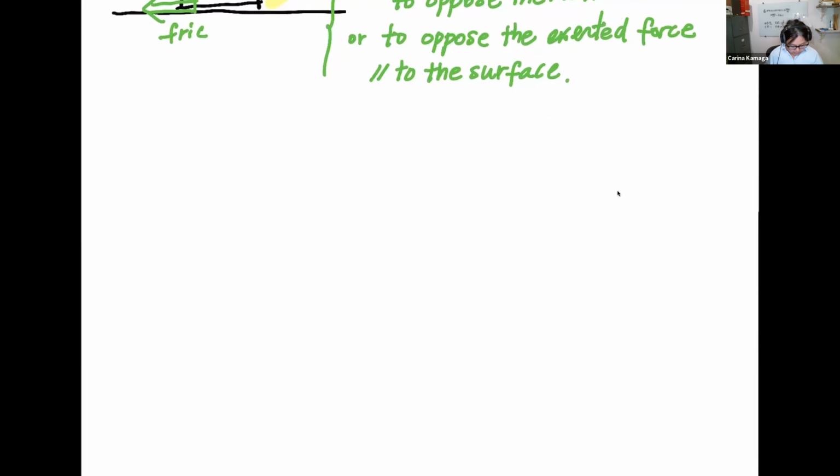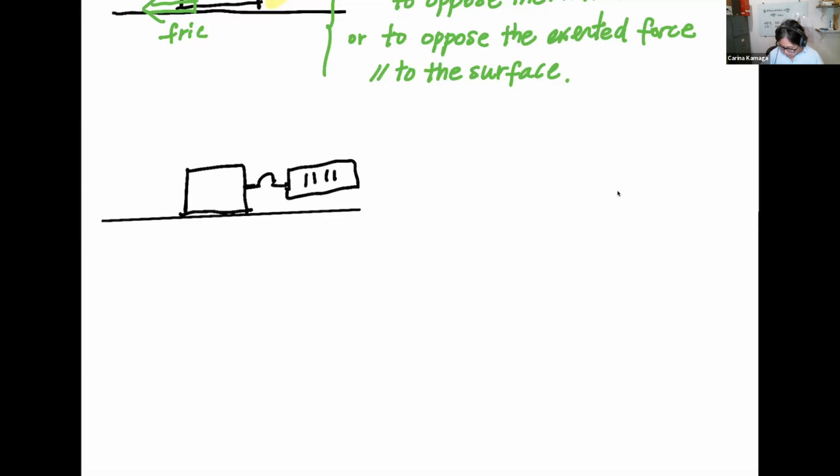Let me see. When the object is at rest first, I have an object here on the surface, connected to a device to measure the force.